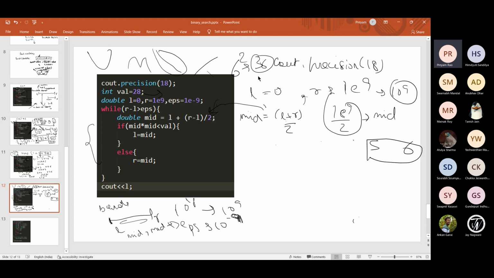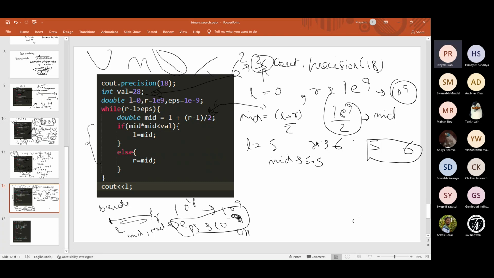This is the first integer whose square is greater than 28. But we don't want this. We need the exact value, or at least exact up to this epsilon. So now let's say L was equal to 5 and R is equal to 6. Mid now becomes equal to 5.5. In normal binary search, we won't have even gone to this point.